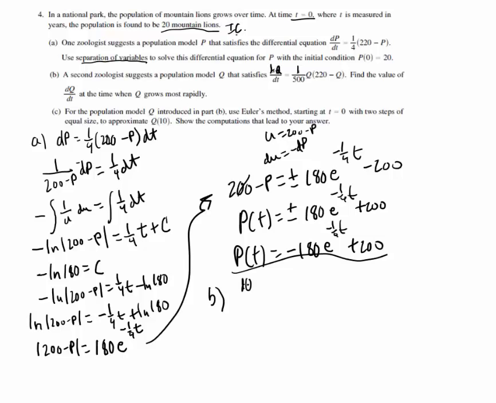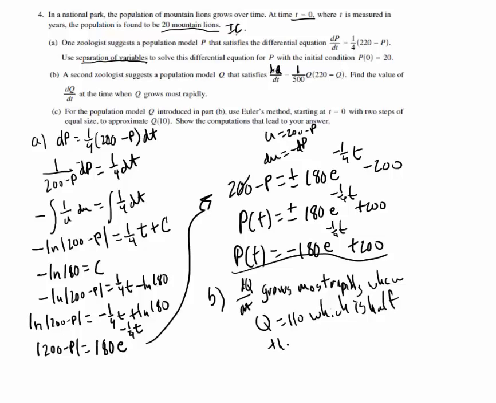So dq dt grows most rapidly when q is equal to 110, which is half the carrying capacity.